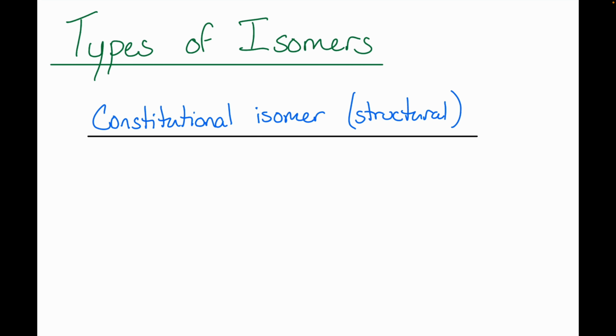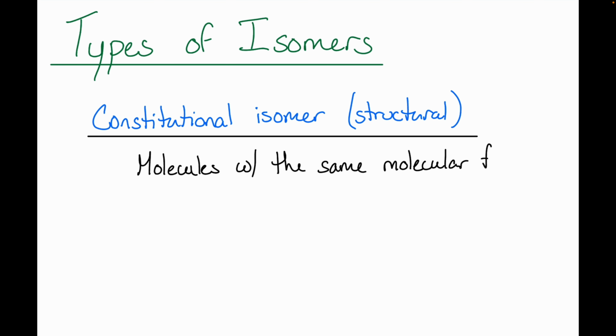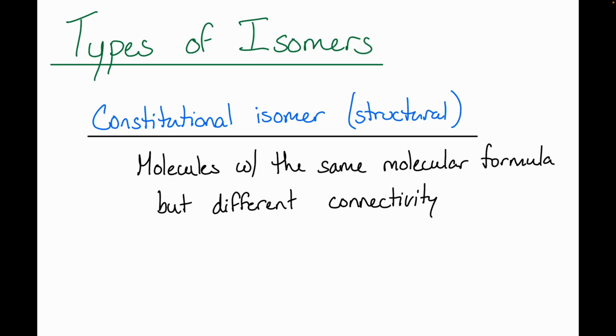Okay, a constitutional isomer, or rather a pair of constitutional isomers, these would be molecules with the same molecular formula, but different connectivity of atoms. So they have the same number of carbons and hydrogens, for example, but the way that those carbons and hydrogens are connected together are different.